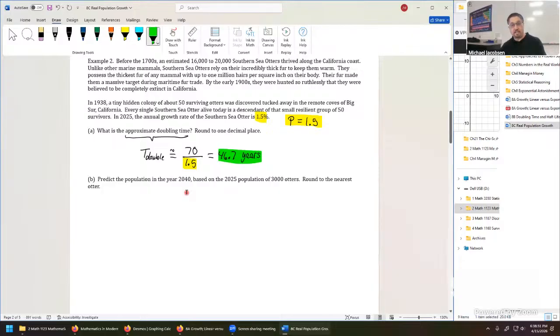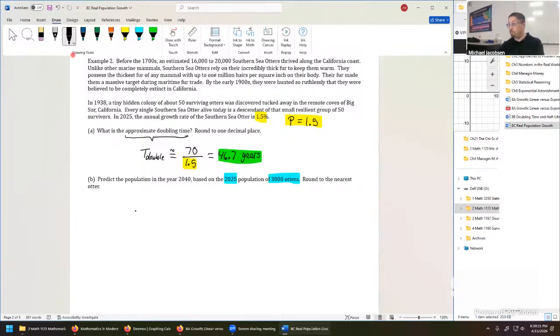Okay, we're about to reuse that last formula that we did in the first example. To predict the population in 2040, again, it's easy to lose our way in the context. There's a lot of numbers. There's the 1700s, the 1900s comes up, 1938 comes up. But part B is specifically asking us to predict the population in the year 2040 based off a 2025 figure with an initial value of 3,000 otters.